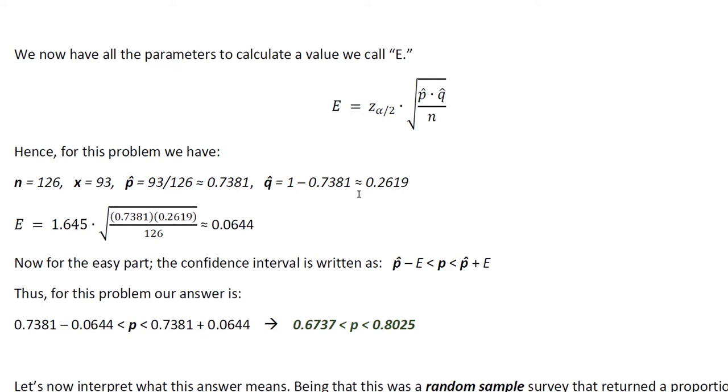0.2619. We take all of those things that we got, including the z sub alpha over 2 number, and we put it into this formula for E, and we get that result. After we get that result, the rest of this is very easy. In fact, the whole thing is easy because we'll end up doing this whole thing on a spreadsheet.